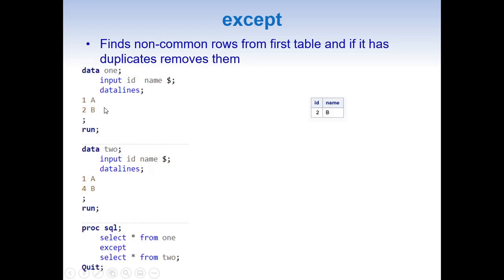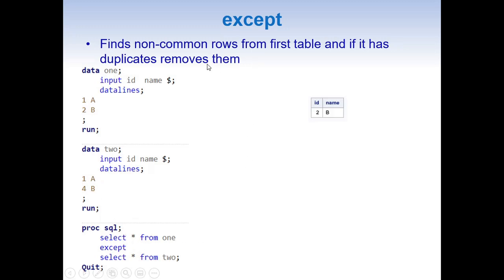Now let's try to understand this a little more in depth. Here we have 1A, 2B, 1A and 4B, and I am doing except, using select * from 1, and this is my first table. Whenever I mention select * for the first time, that is the first table, and whatever comes second is the second table. So in the first table I have 1A and 2B, and in the second table I have 1A and 4B.